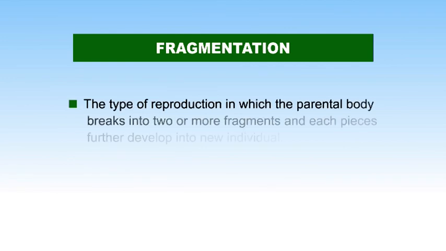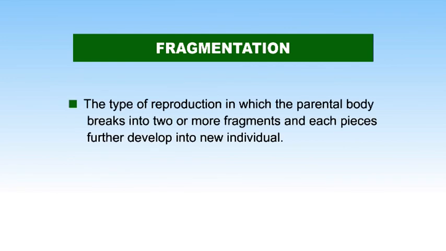So, from this we conclude that the type of reproduction in which the parental body breaks into two or more fragments and each piece further develops into a new individual is called fragmentation.